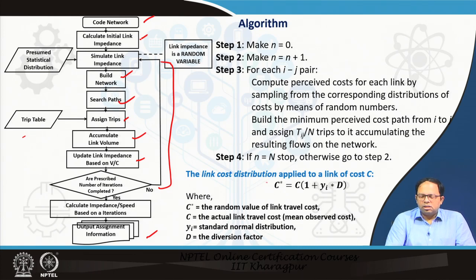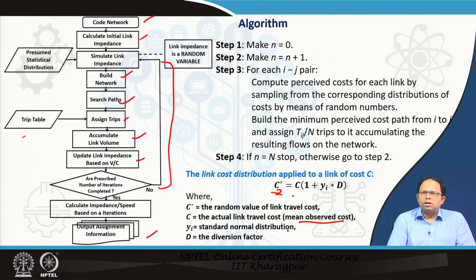The link cost distribution applied to a link of cost C is C star equal to C times (1 plus yi times d), where C star is the random link travel cost. This is the random cost that we are assigning. Cost means time or actual cost, where C is the mean observed link travel cost, and yi is the standard normal distribution.